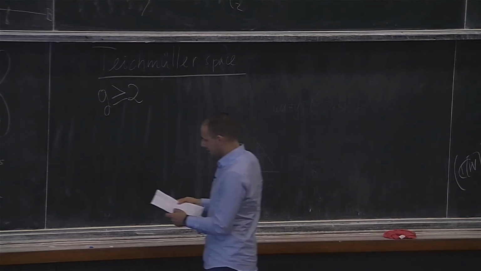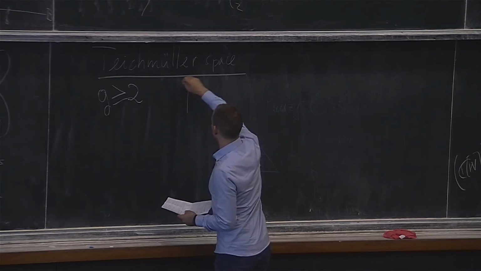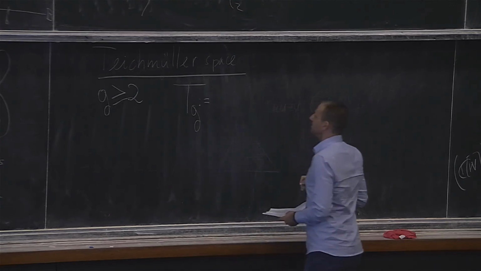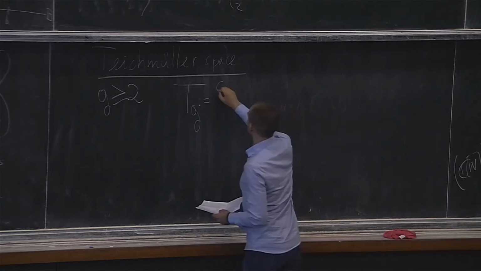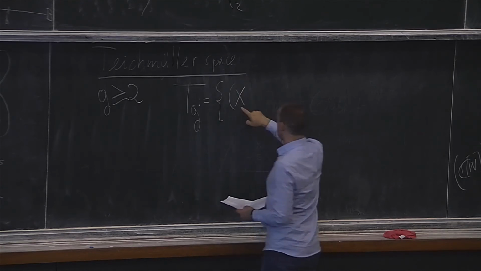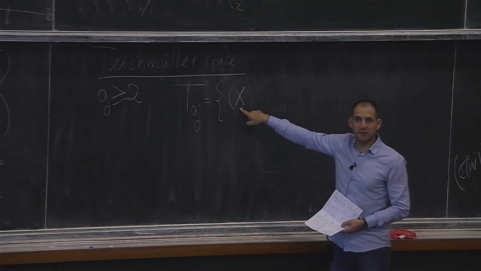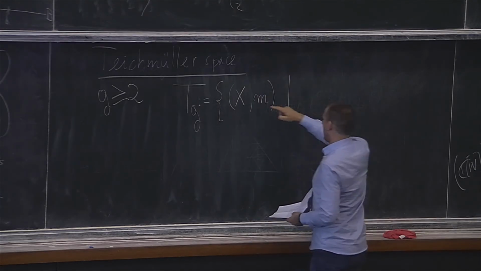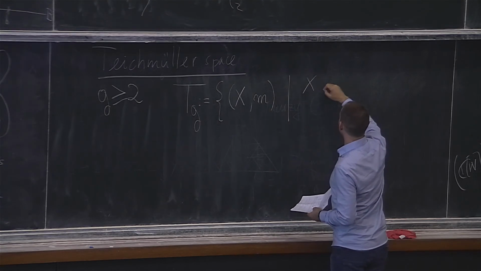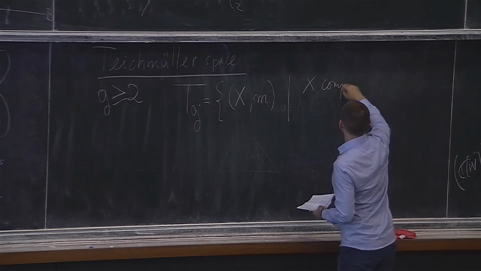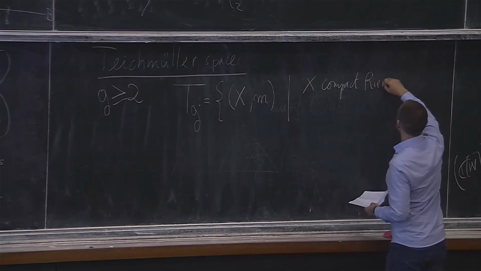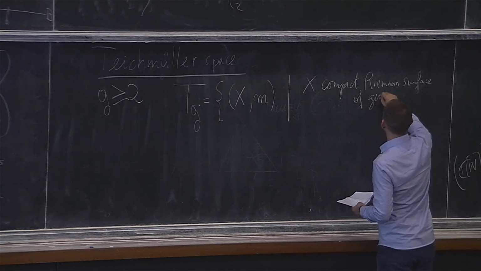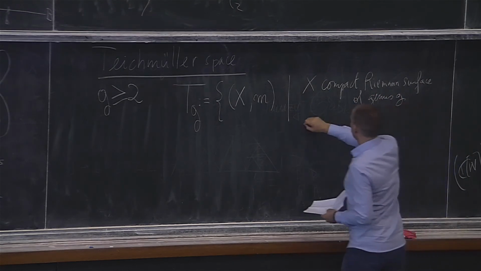As a set, the Teichmüller space is by definition the set of couples of a compact Riemann surface X of genus G plus a marking. I'm going to tell you what a marking is in one minute.